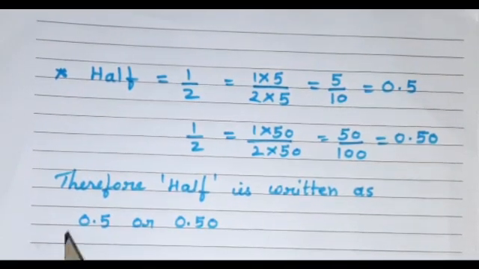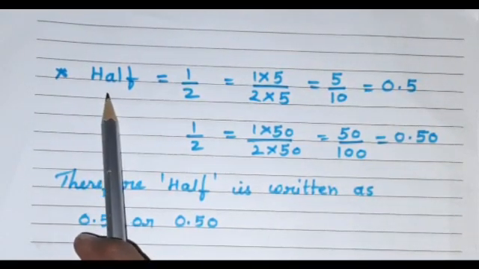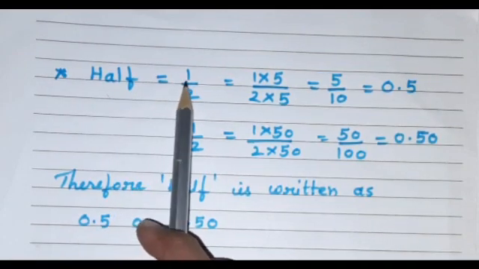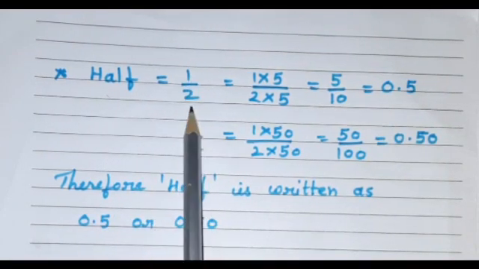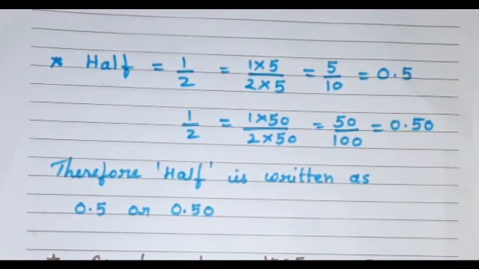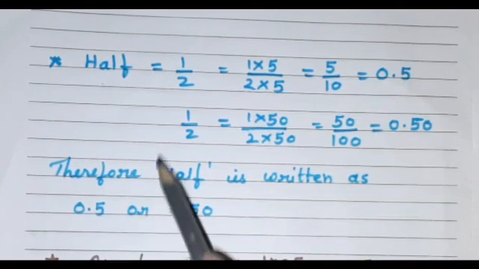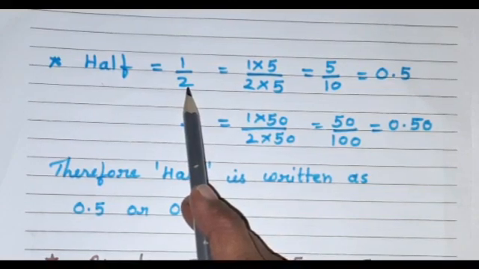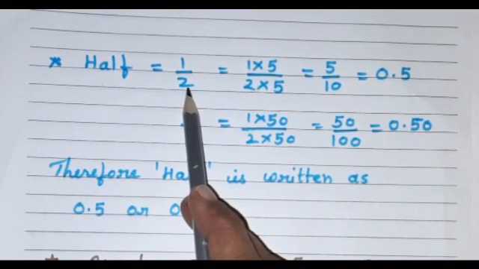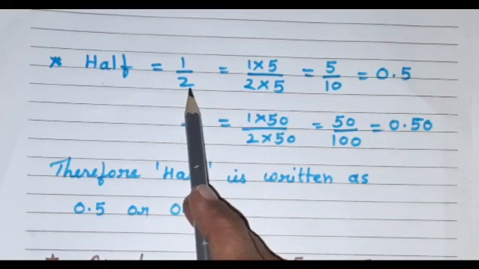See here. Half. Half is usually written as 1/2. Here 1 is numerator and 2 is denominator. To convert 1/2 into decimal form, the denominator of 1/2 is converted into an equivalent fraction with denominator 10.